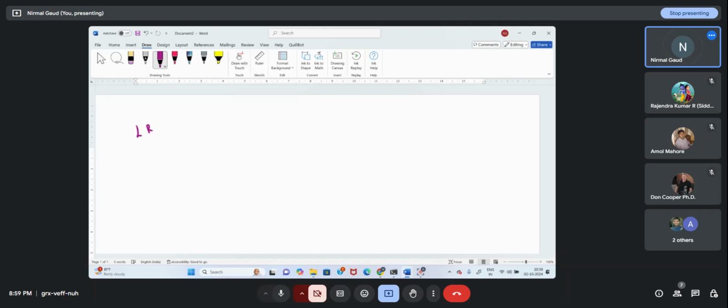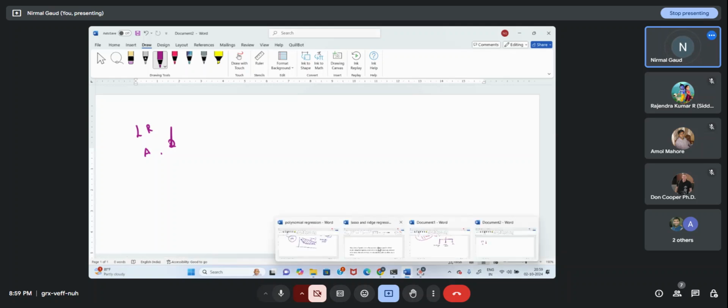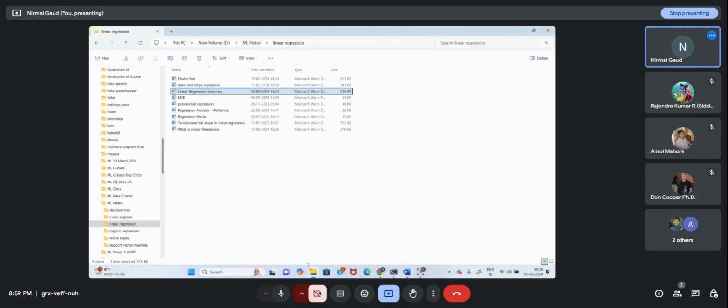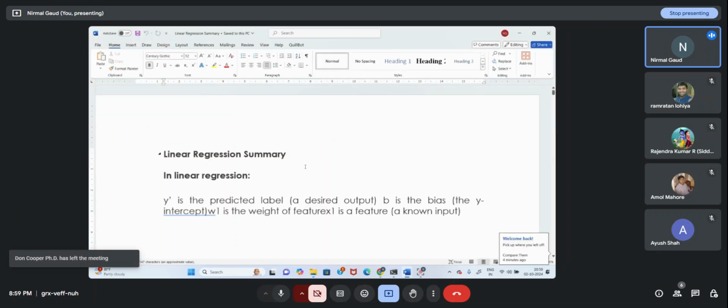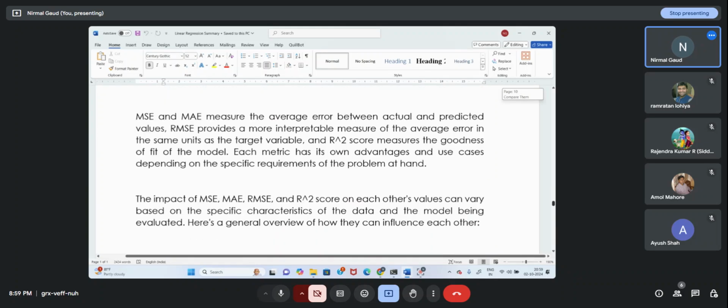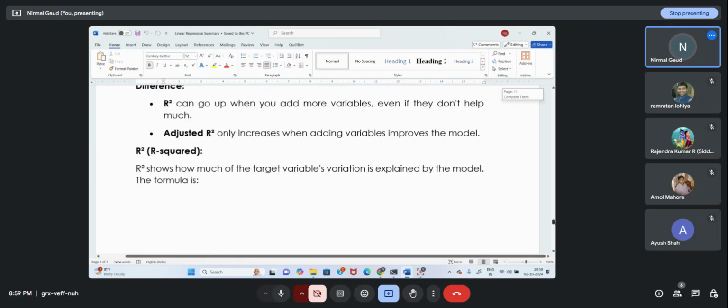Talking about the advantages and disadvantages of linear regression, we can talk from the summary of linear regression.